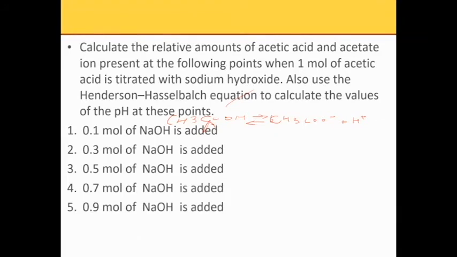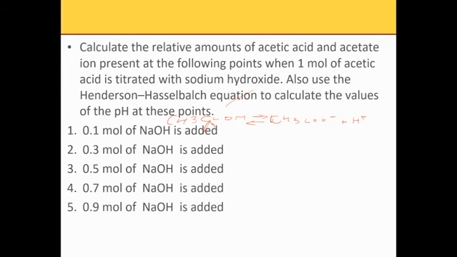If you add 0.1 mole of sodium hydroxide, because it's a strong base, you need an equal amount of hydrogen to neutralize it. So then this will be 0.1, and then this is 0.9.